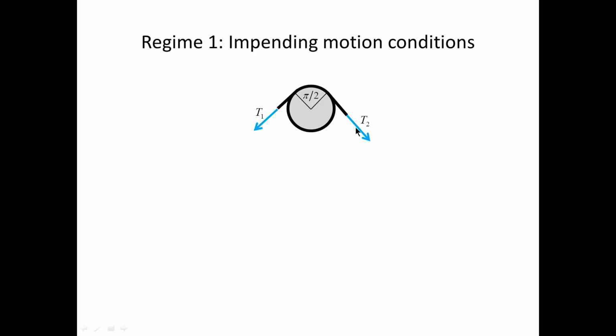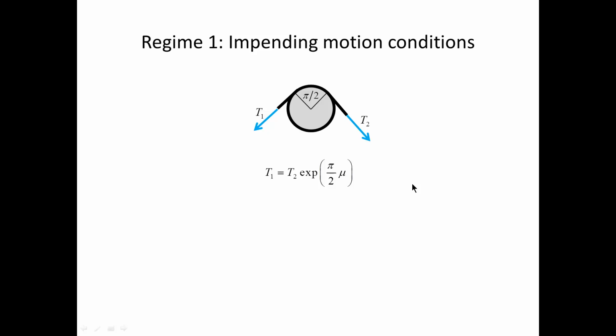Or alternatively, we can think about that in the adopted regime, the left log, W1, is stronger than the right log, and therefore the friction at this contact helps the weaker log.